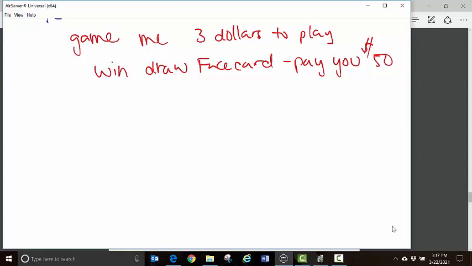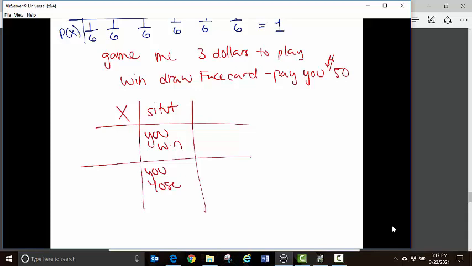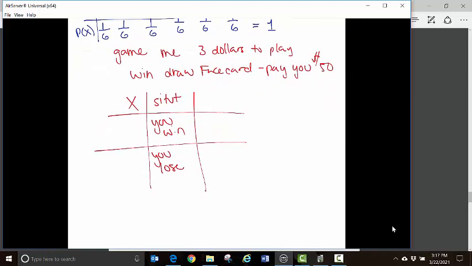So let's make a chart. First off, X could be two things, right? And the situation for this could be you win or you lose. Now I want to look at it from the dealer's point of view.